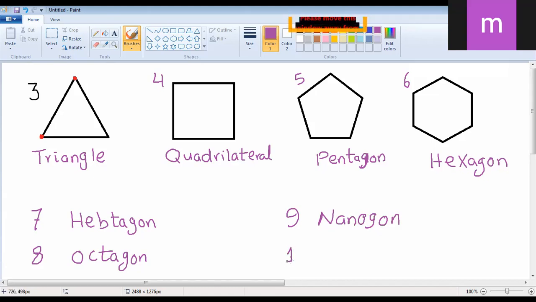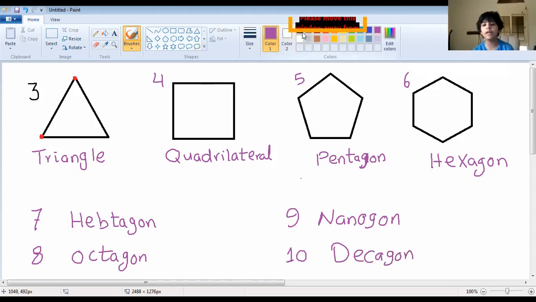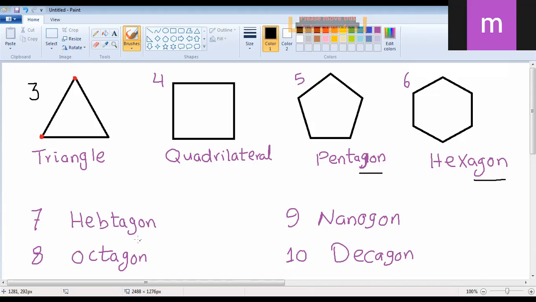Then if I have 10 sides, decagon. So look, from 5 to 10, the ending is gon. We can memorize them by that: penta, hexa, hepta, octa, nona, deca.